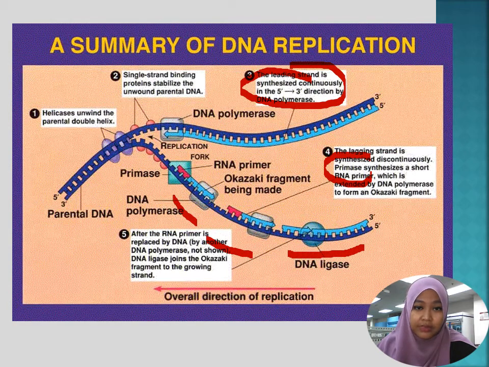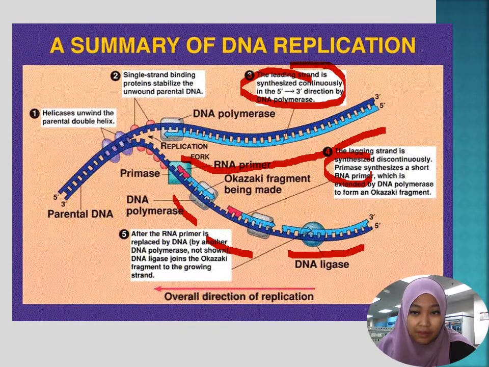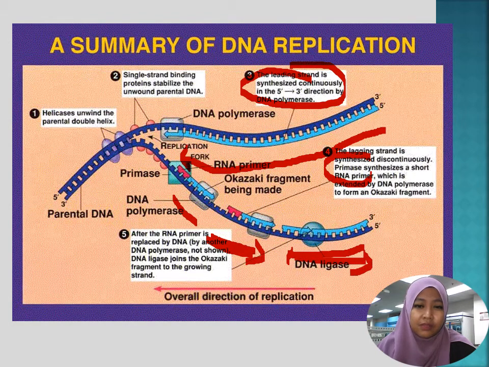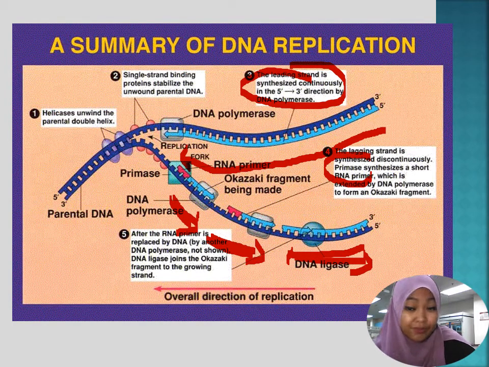So actually, the DNA replication direction for the leading strand is from here to this area, but for this one, they are from this to this one, the open area, because DNA replication can only be made from 5 to 3 prime.